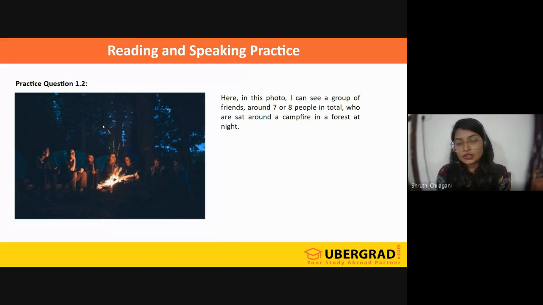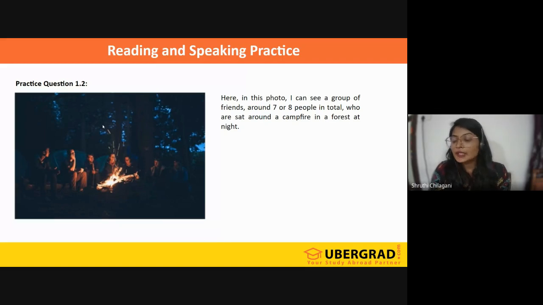Let's try. So this is a demo answer. When you try using the starting of the sentence, such as "this image shows," or "in this photo," or "this photo depicts," it gives you a start as if you're describing to a blind person.